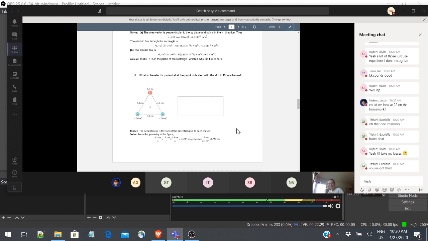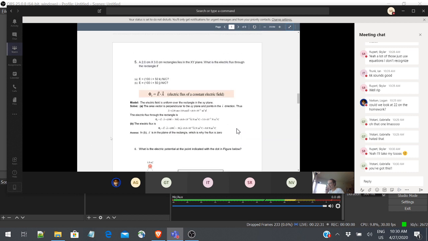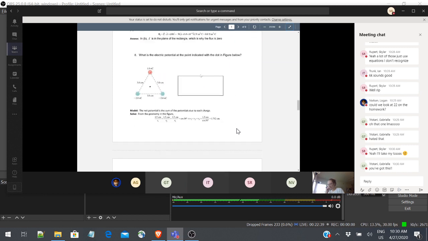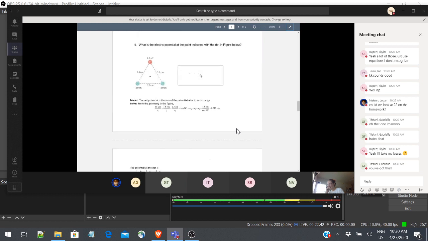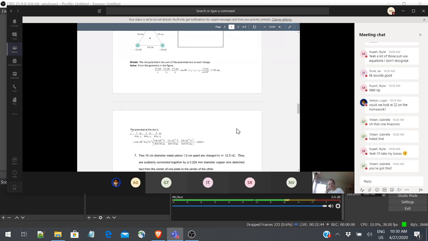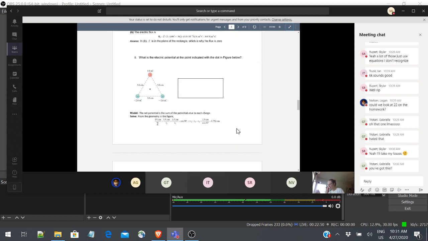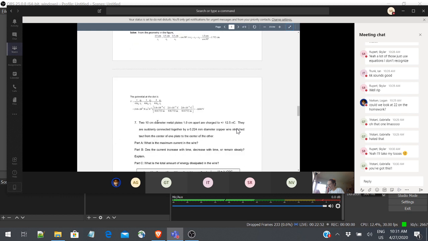But if you look at previous homework problems, you should be able to be like, oh yeah, we did this, right? We've done electric flux through a rectangle. These are all kQ over R. We've seen kQ over R. I think the fact that there are slight differences, like they use 1 over 4 pi epsilon naught instead of using k.